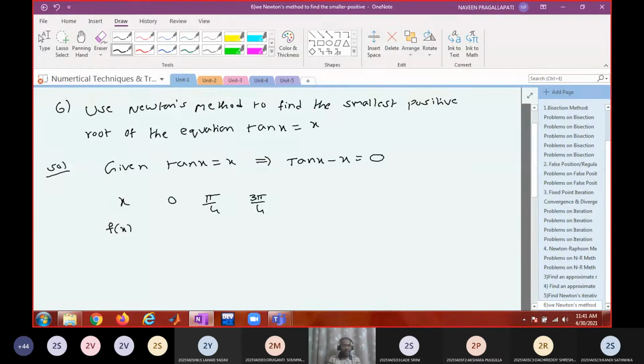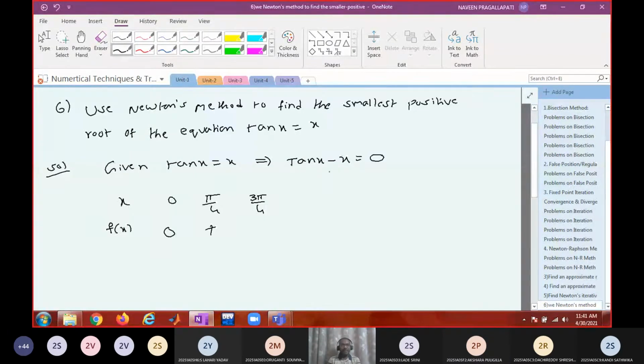For pi by 4, 1 minus pi by 4 is positive. Yes, sir. Positive. When this is positive, tan pi by 2 is plus infinity, and plus infinity minus a finite quantity is again positive.